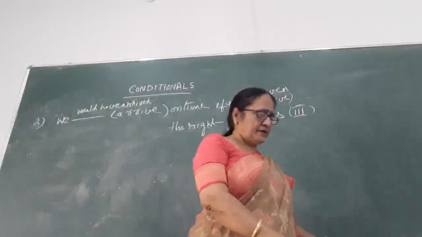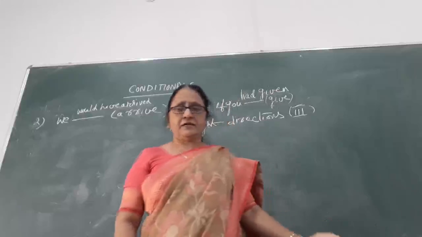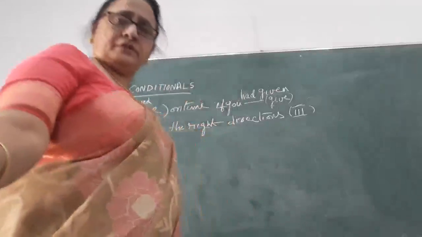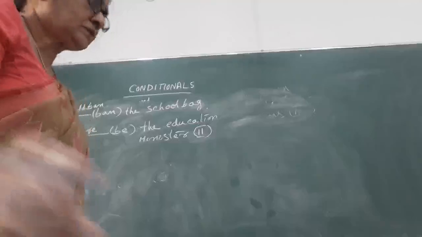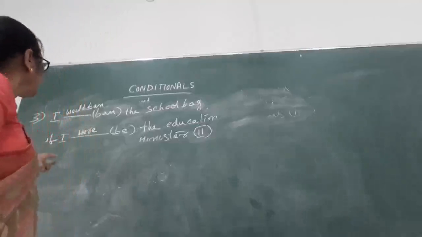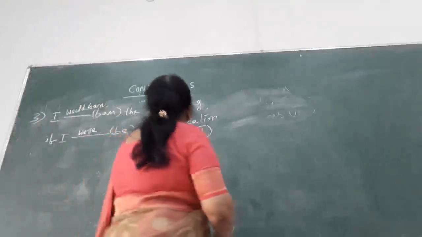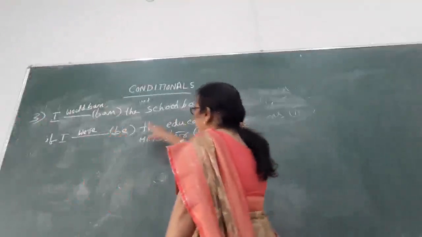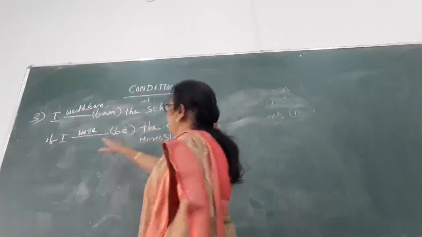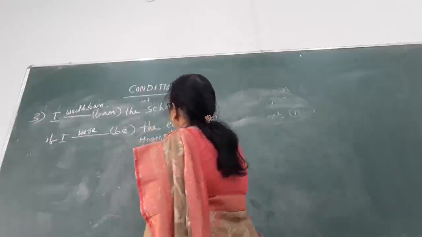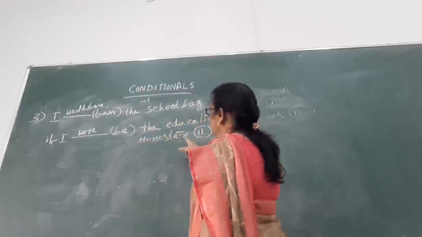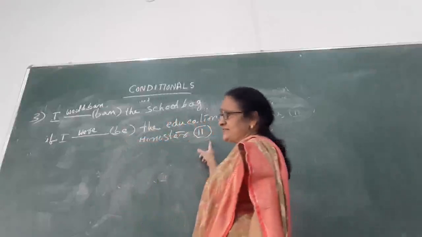Now I am writing the third bit for you on the board, then I will explain. So now the third bit is: I dash ban the school bag if I dash be the education minister. You have to write the second conditional.